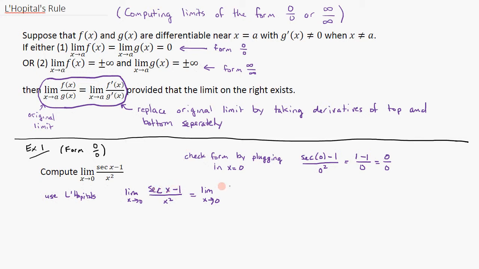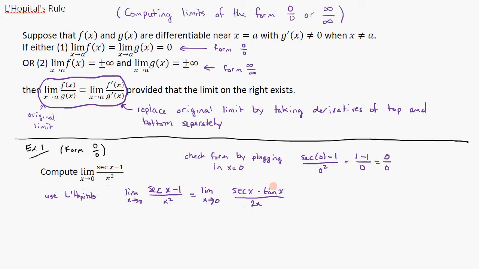The derivative of secant x is secant times tangent, and the derivative of x squared is 2x. So now this is the new limit.